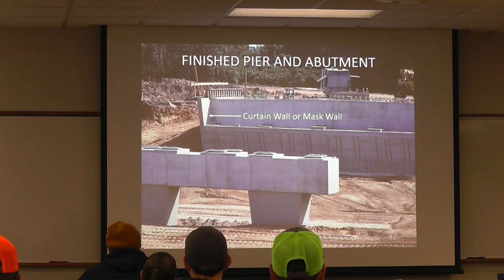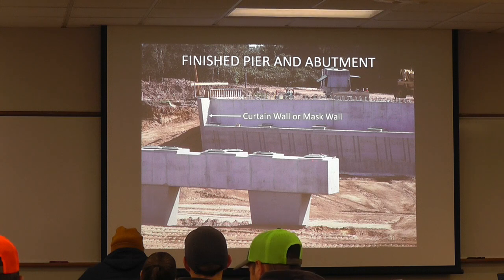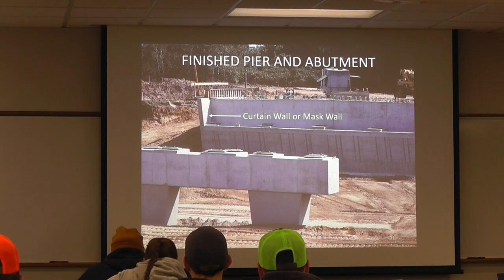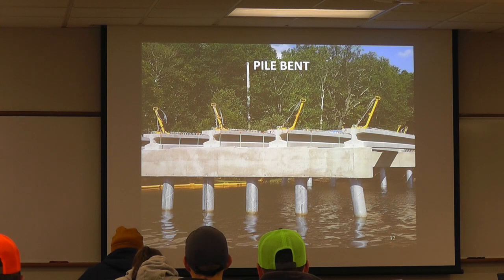We've got all the bearing seats or the bridge seats, we've set the bearings on top of there, ready for the beams. So these guys are ready for the beams to come across. It looks like we might have different spacing because we have an extra bearing in here, so it might be a long span on one side or short on the other. Pile bent, very typical.